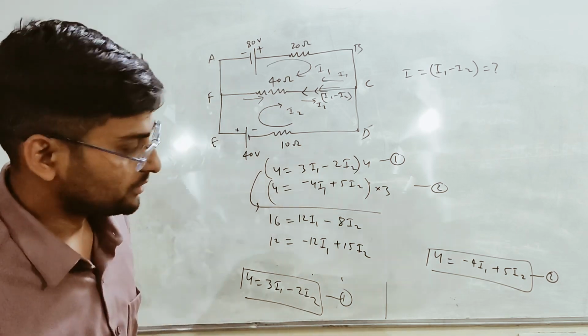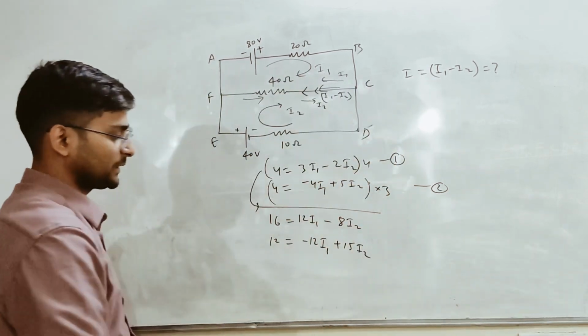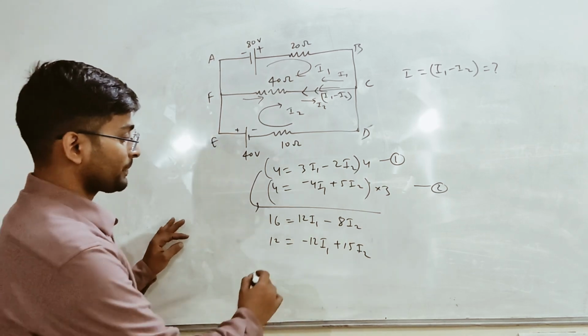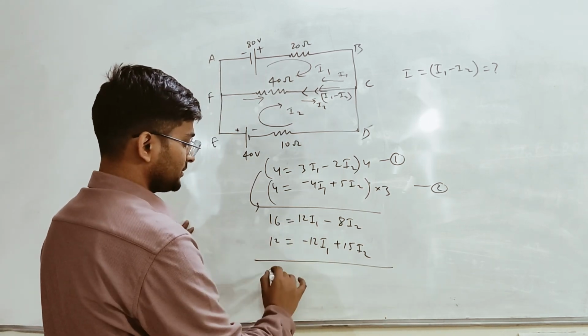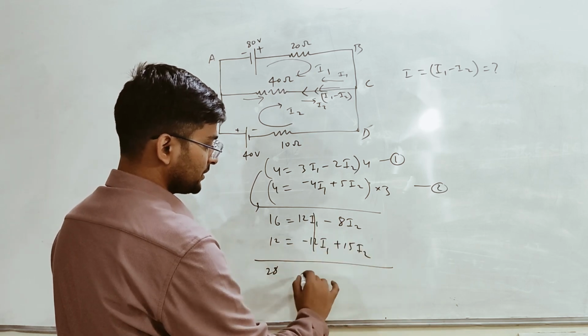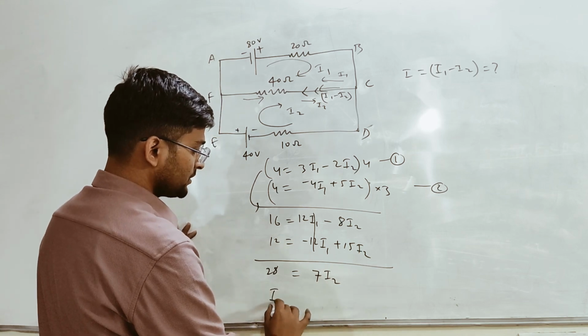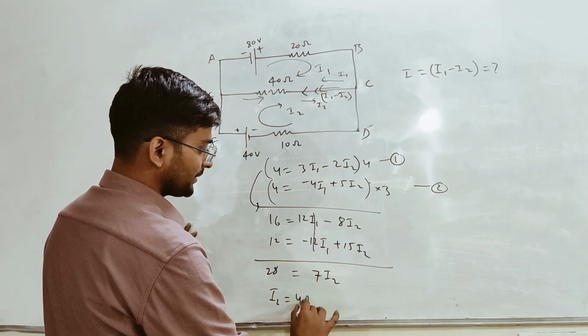Now erase these equations because we don't need them any longer. When we add them, we get 28 is equal to 7I2. What is the value of I2? I2 is equal to 4 ampere.